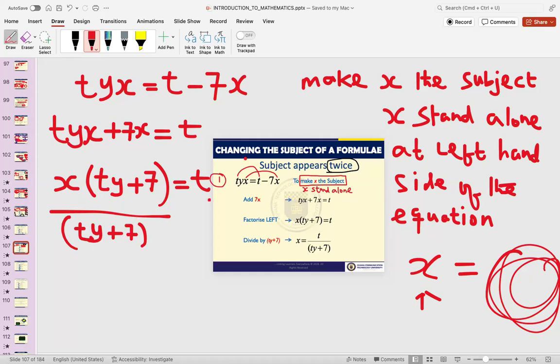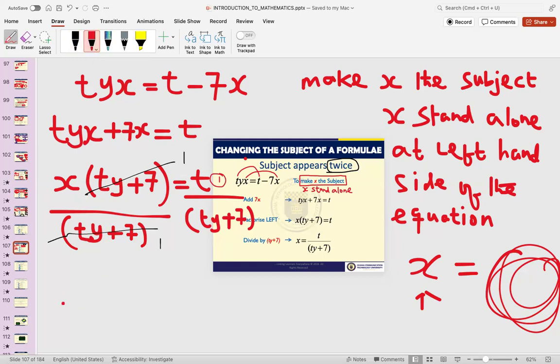And then whatever you do on the left, you do the same on the right. TY plus 7. Then you do your cancellation. All this will cancel all that. So X can stand alone.